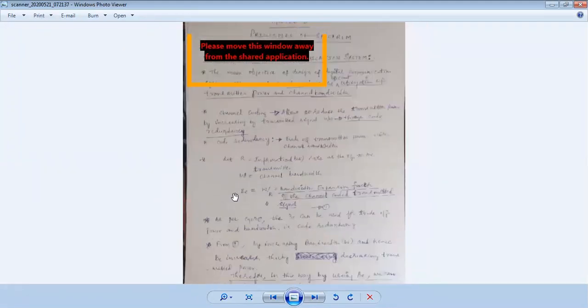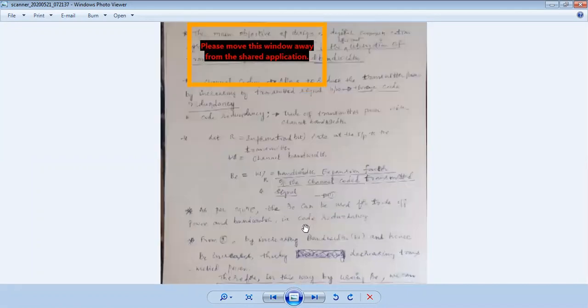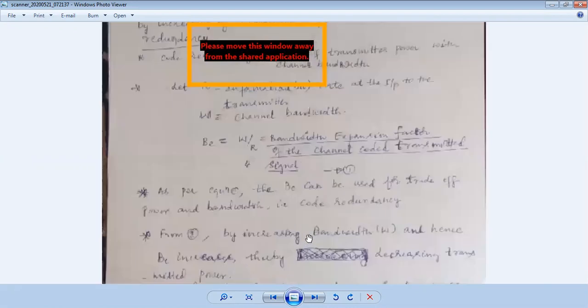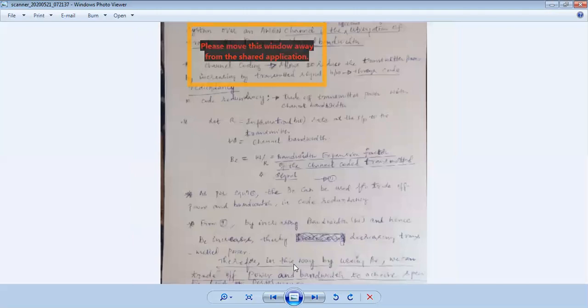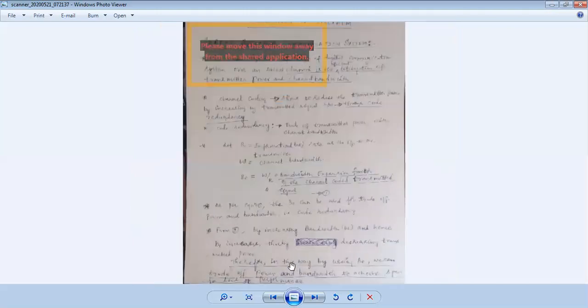As per the equation, B_E can be utilized for a power and bandwidth trade-off through code redundancy: by increasing the bandwidth W, B_E increases, thereby decreasing the transmitted power. So we can trade off this. This is exactly spread spectrum.